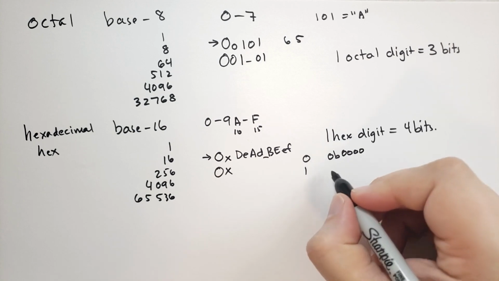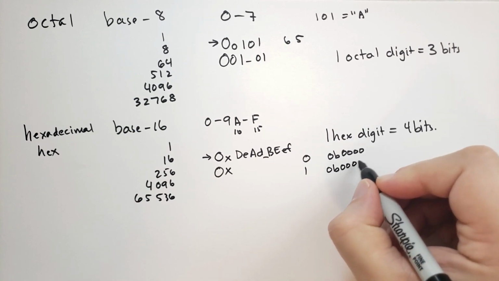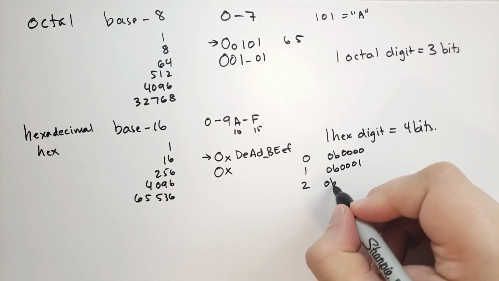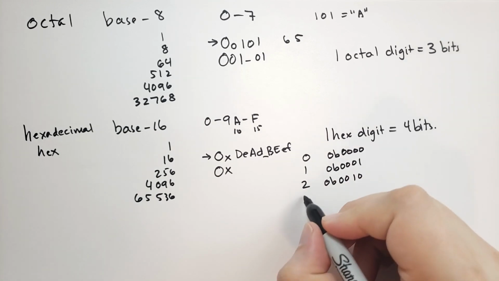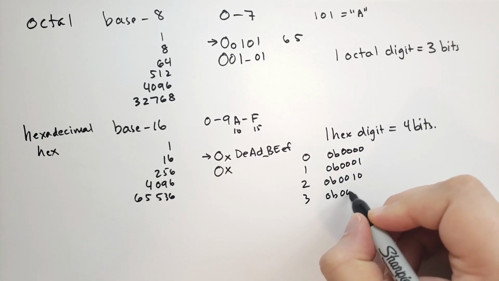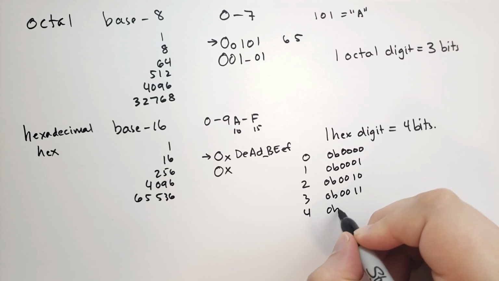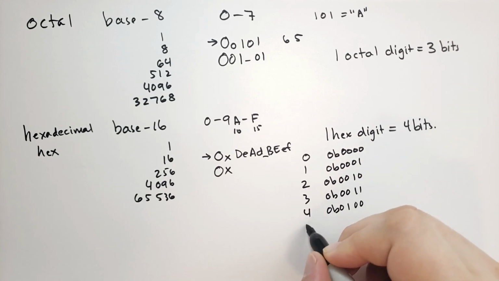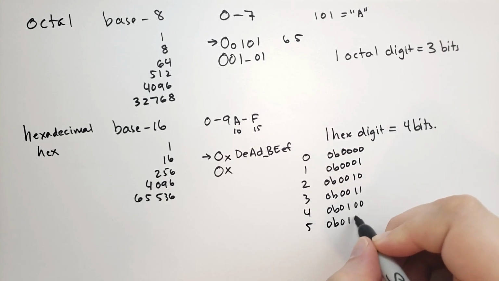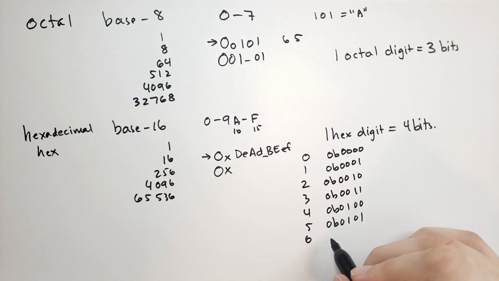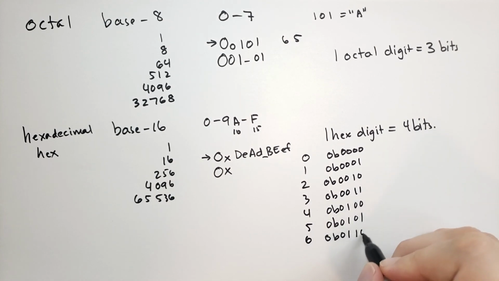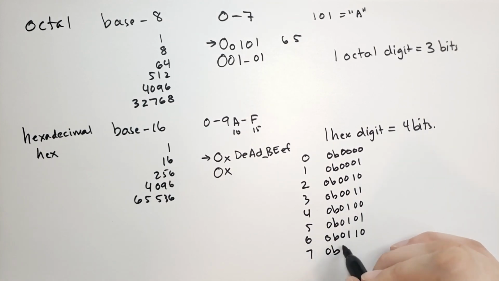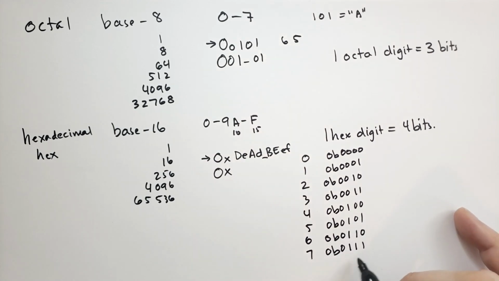Okay, and then 1 is 0b0001, 2 is 0b0010, 3 is 0b0011, 4 is 0b0100, 5 is 0b0101. I think you see the pattern developing. 6 is 0b0110. 7 is 0b0111. And all 3 bits are filled here.